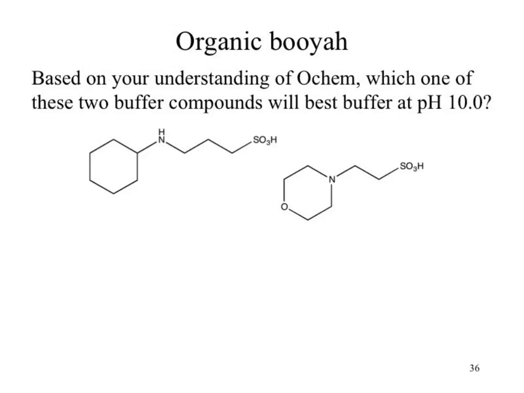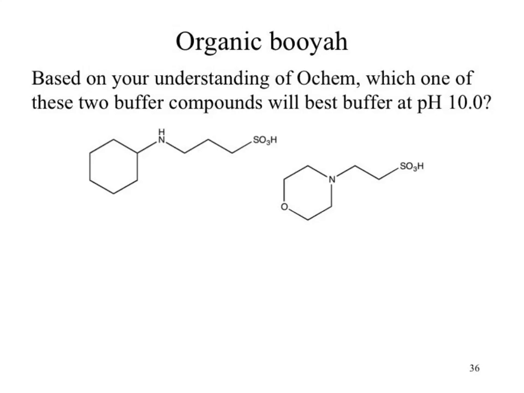Yeah. We look at the end, we've got SO3H. Okay, what can you tell me about SO3H? It's a strong acid. What can you tell me about nitrogen? Nitrogens are bases. Very misleading to draw these structures.